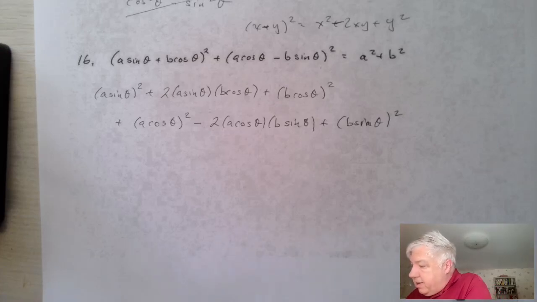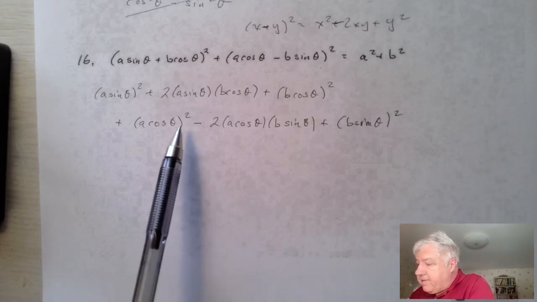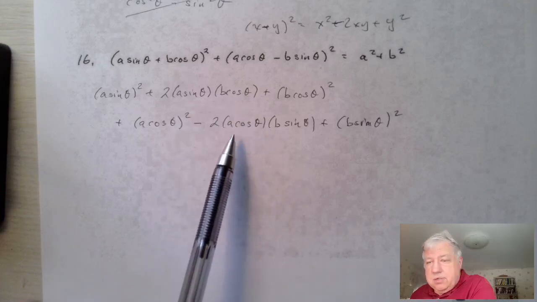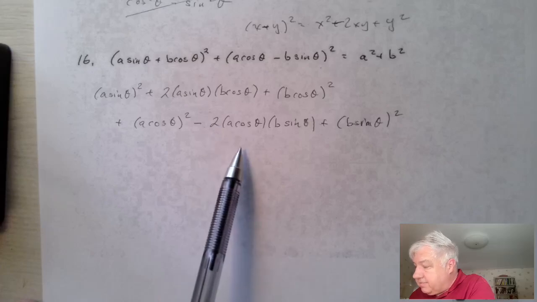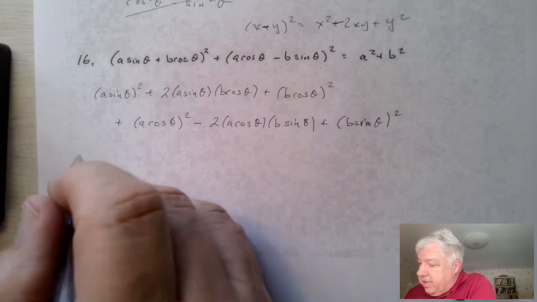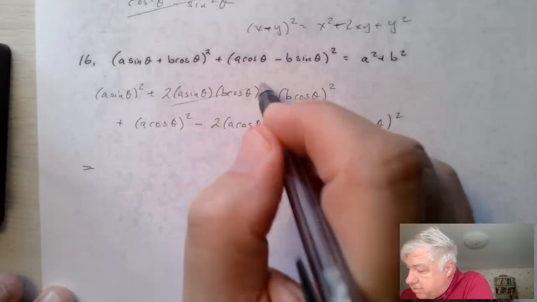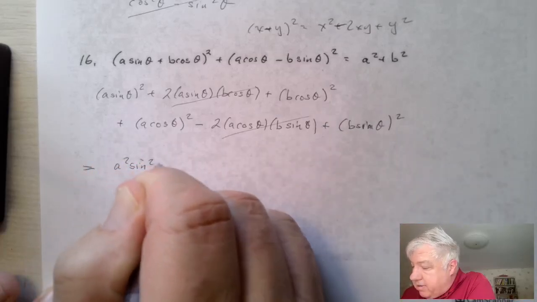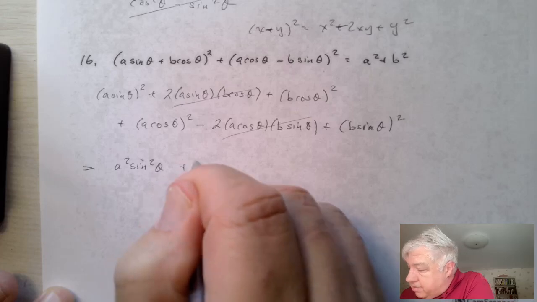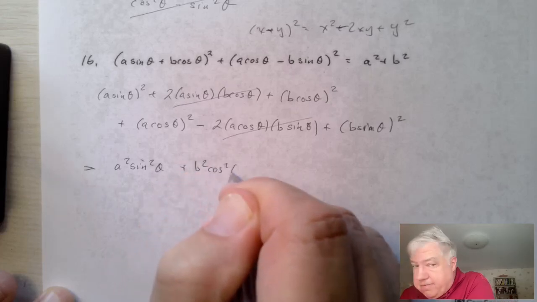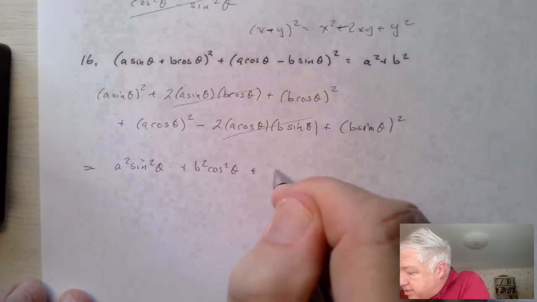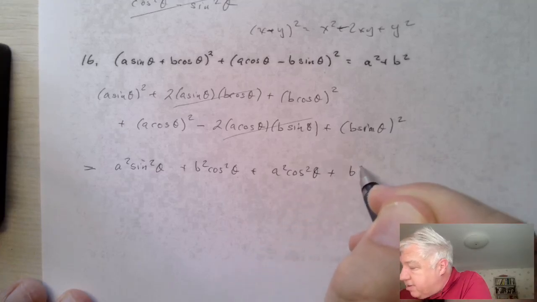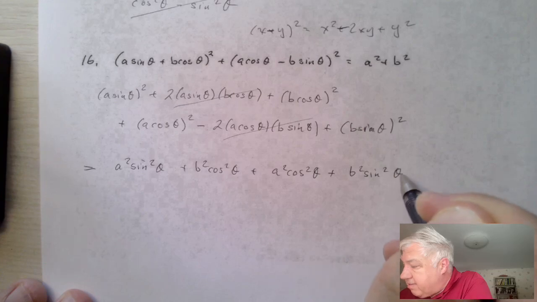Okay. First of all, hopefully you see that this term and this term are the same, so these cancel out. And what's left is a squared sine squared of theta plus b squared cosine squared of theta plus a squared cosine squared of theta plus b squared sine squared of theta.